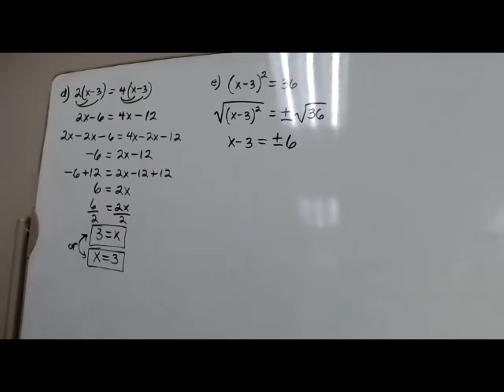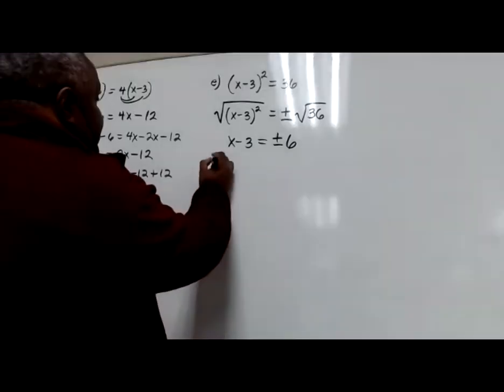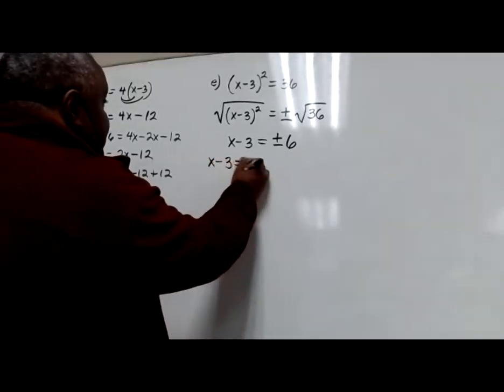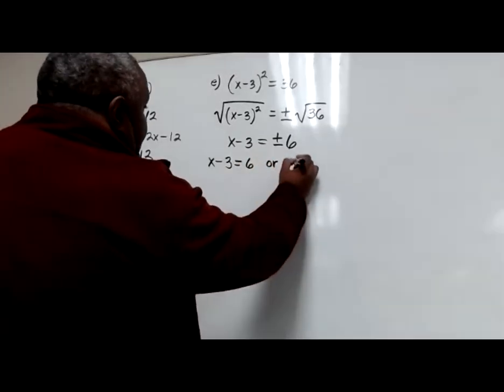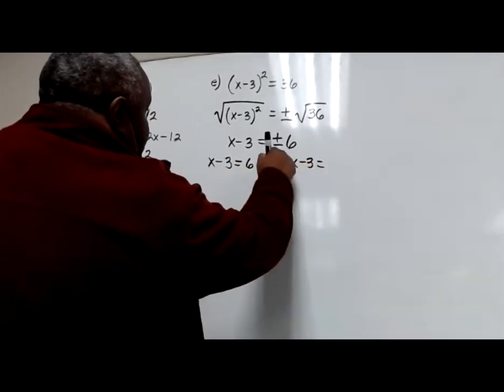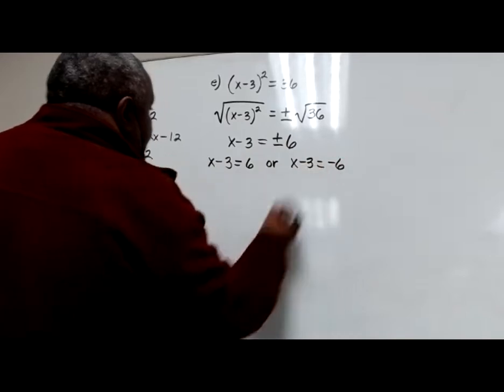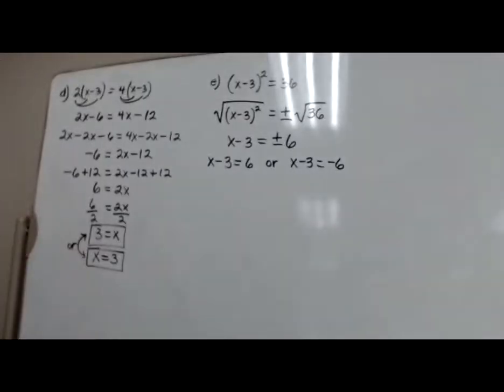So now, with that plus or minus, I do have 2 equations. The first equation is x minus 3 is equal to a positive 6, or x minus 3 is equal to negative 6. Each equation you will solve for x.